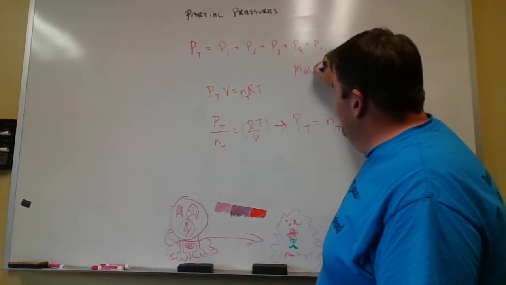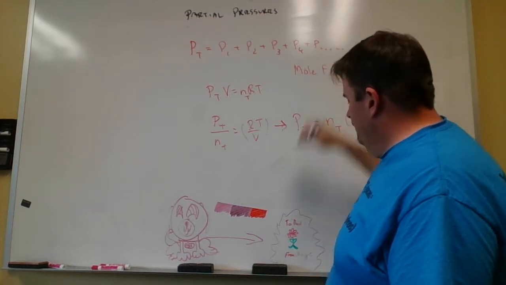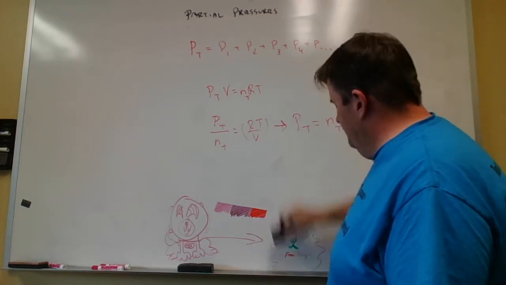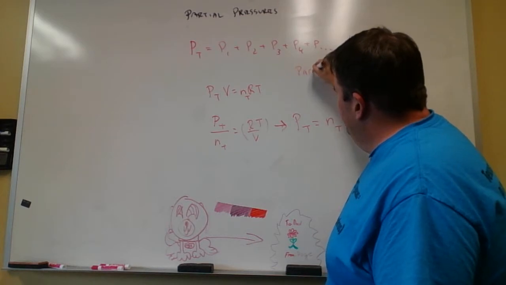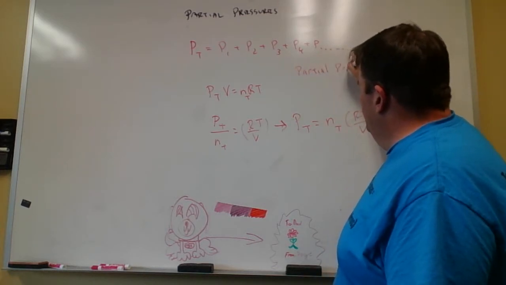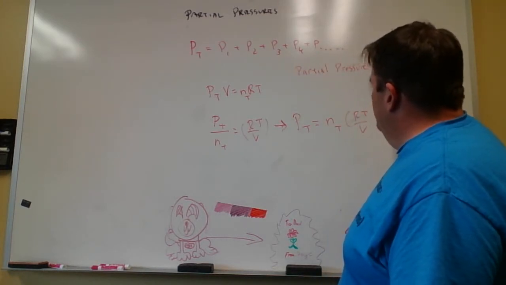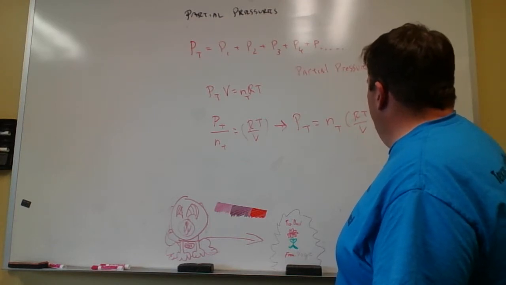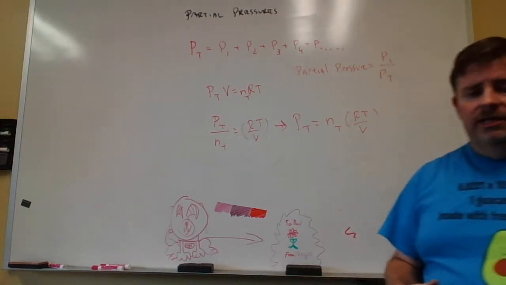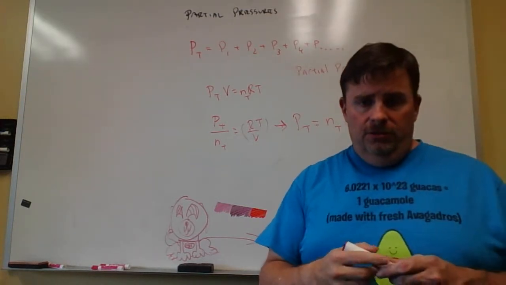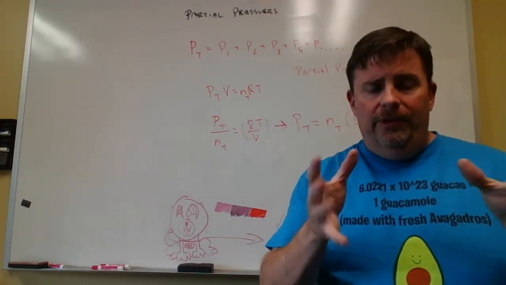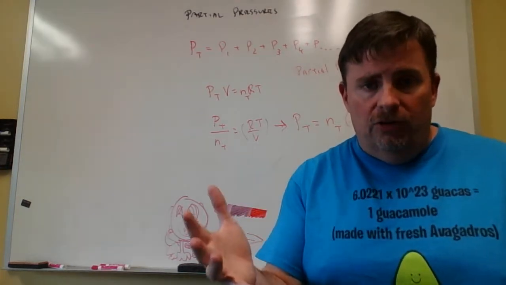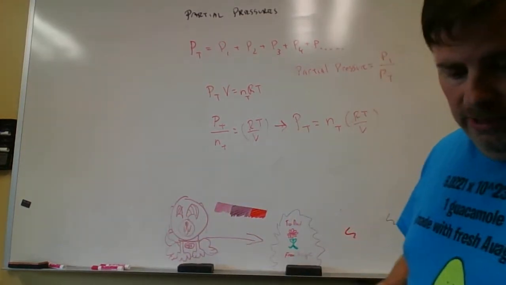So I look at it and I say the mole fraction, or actually the partial pressure at this point, the partial pressure fraction is going to be equal to P1 over PT. And whatever that fraction is tells me what fraction my P1 gas is contributing to the overall pressure as a whole. Okay?